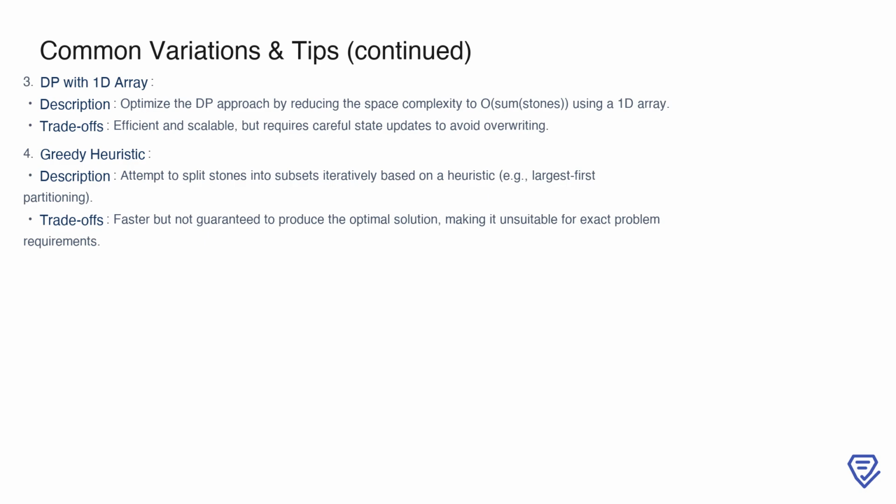For instance, you might try partitioning the stones iteratively based on a largest-first strategy. While this can be faster and easier to implement, it doesn't guarantee the optimal solution and may fail to meet the exact requirements of this problem. In summary, choosing the right approach, whether it's DP, recursive backtracking, or a heuristic, depends on balancing efficiency, accuracy, and the constraints given in the problem.